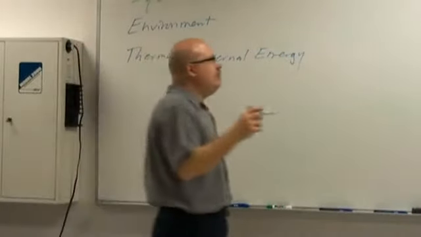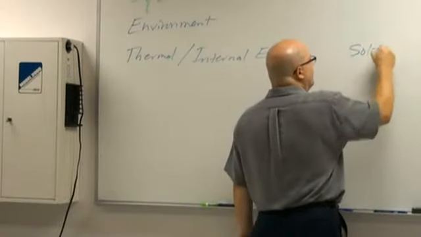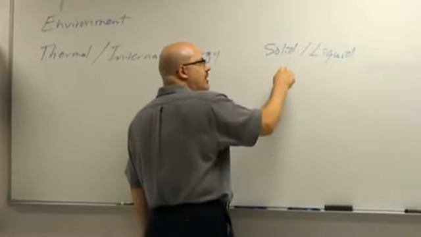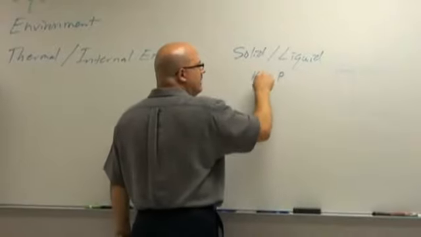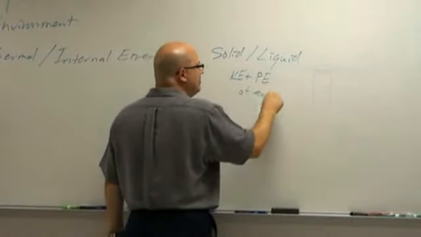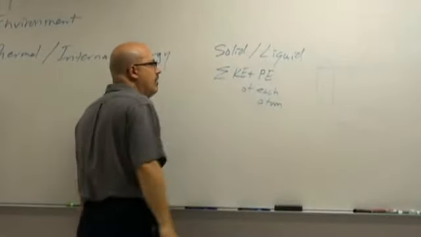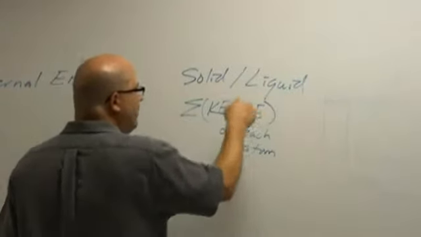Internal energy or thermal energy for a solid and a liquid consists of the kinetic energy plus the potential energy of each atom. Okay, the sum of all of that, all added up. So the sum of the entire thing.